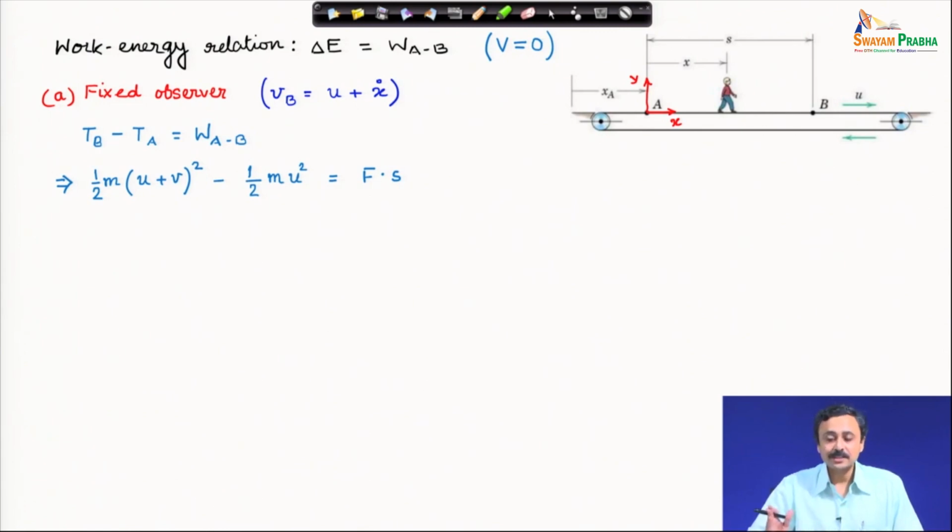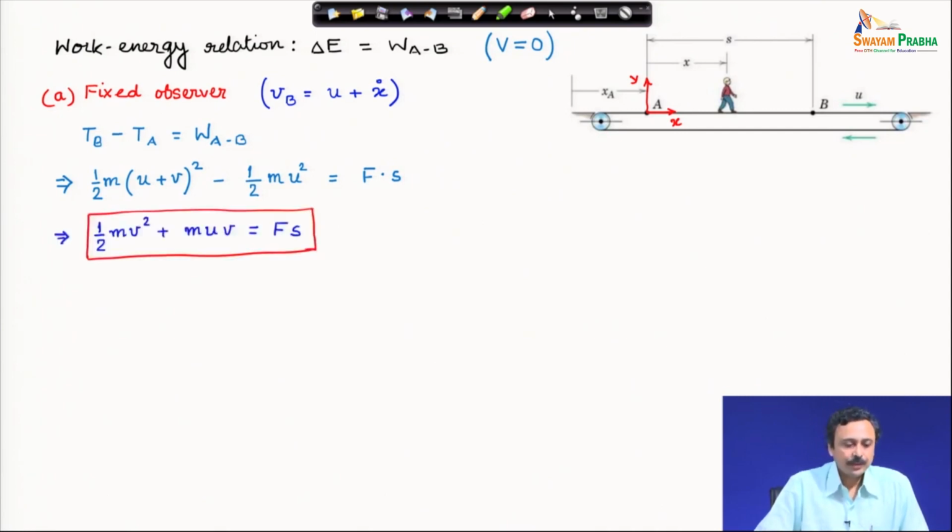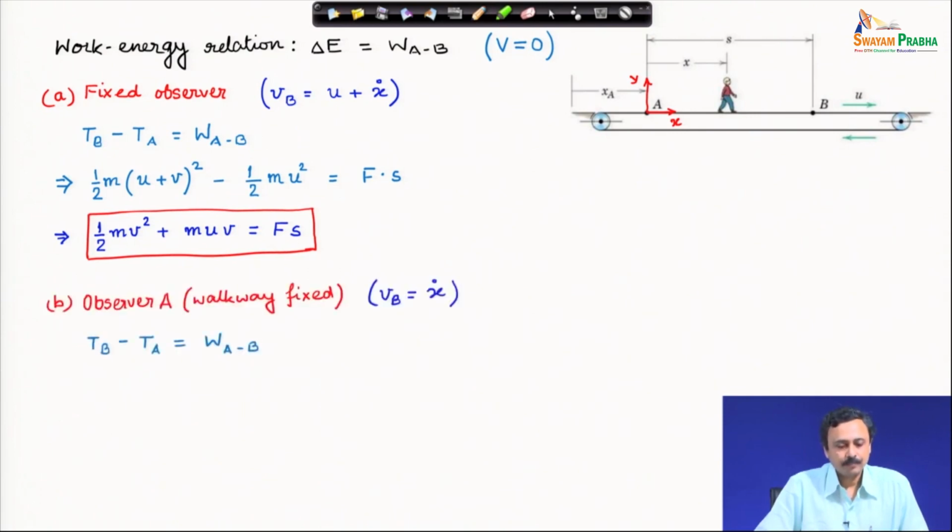Therefore, S is the net distance travelled between A and B, and whatever be the force acting between the boy's shoe and the walkway, it is F, and F times S is the net work done on the boy, which changes his kinetic energy as given on the left. If you simplify, you get half m v square plus m u v equals F times S.